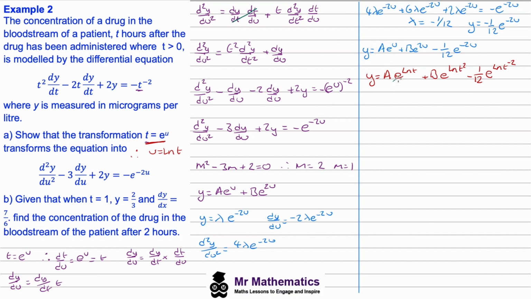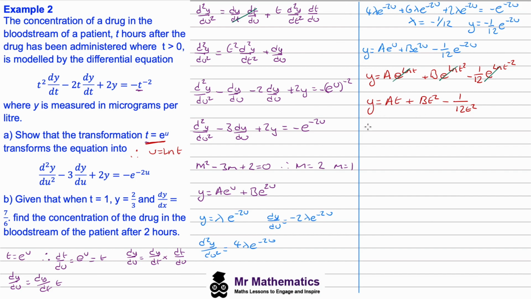We can see these will cancel, these will cancel, and these will. So our general solution then is y is equal to at plus bt squared minus 1/12t squared. So now we've got our general solution, we can use the boundary conditions to find the particular solution.